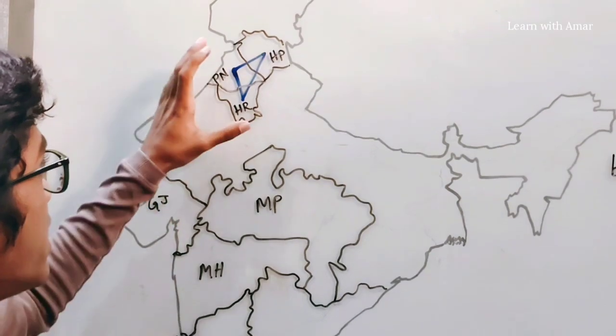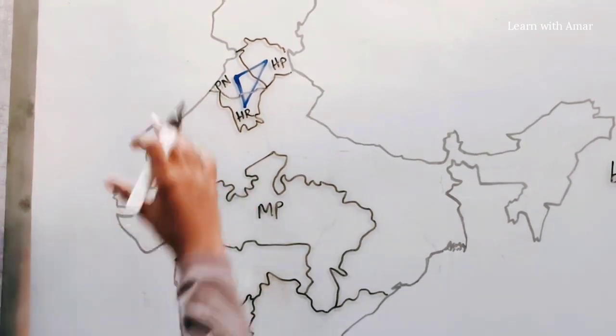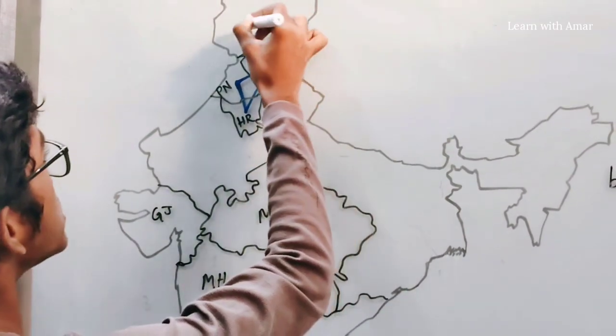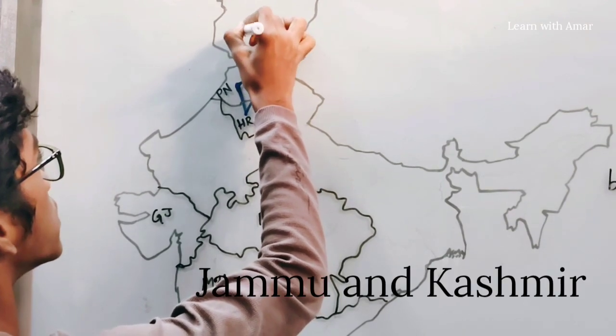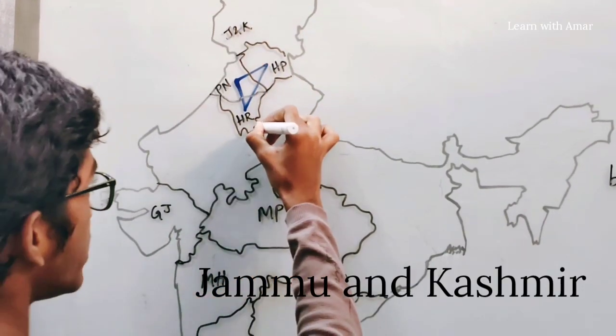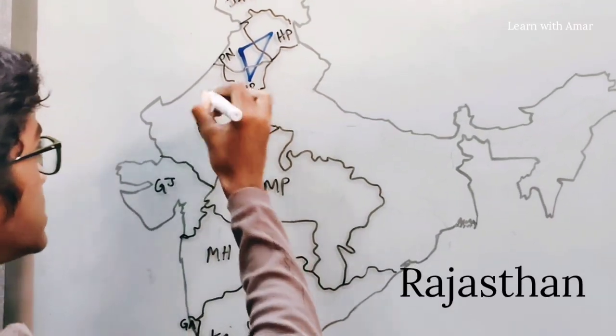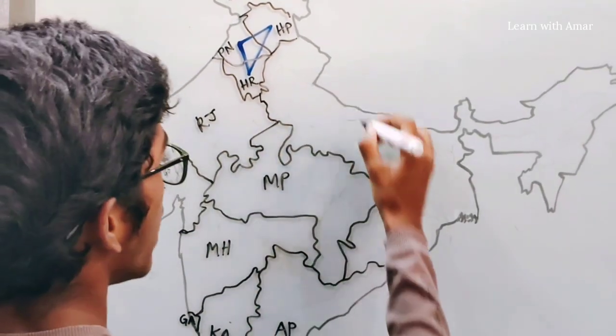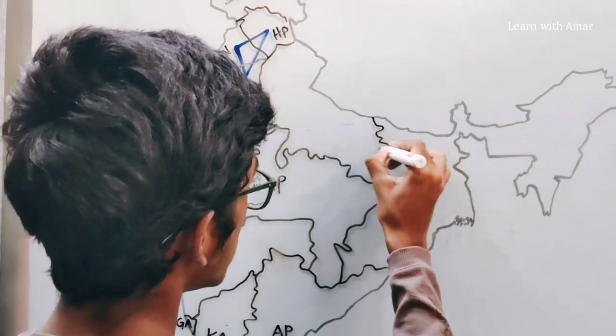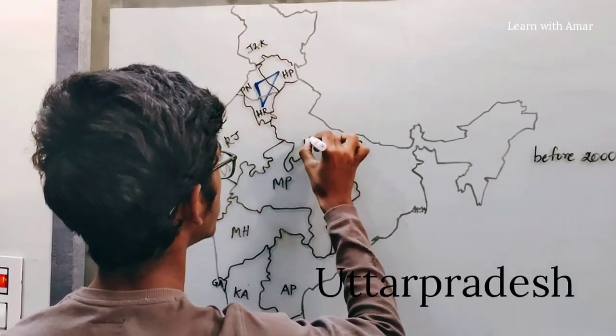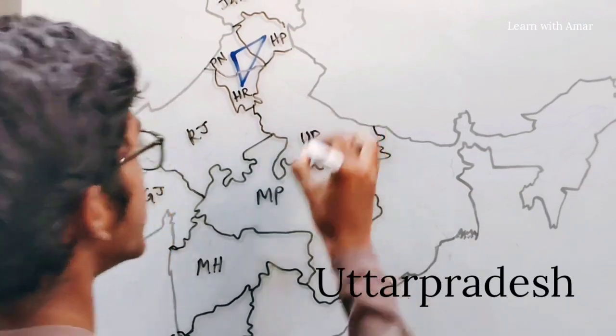So we find this by drawing an imaginary triangle, easy to remember. Above Himachal Pradesh we find Jammu and Kashmir. Now by joining this we get Rajasthan, which is the largest Indian state. And by joining this we get Uttar Pradesh, which is the most populous Indian state.